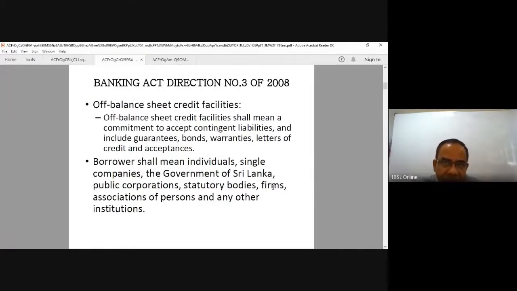You need to debit somewhere when you are retiring the LC. If the customer has funds, you will debit. Otherwise, you need to have an import line facility, you will give a loan. So that becomes a funded facility, right? Then like the guarantee. Guarantees are given for various purposes, maybe bid bond, performance bond, various guarantees are there.